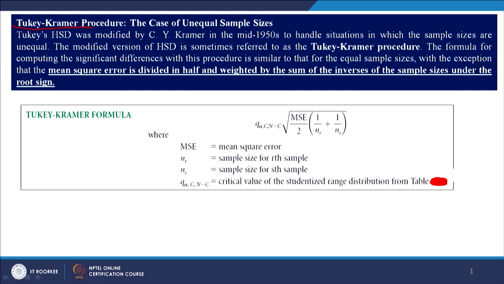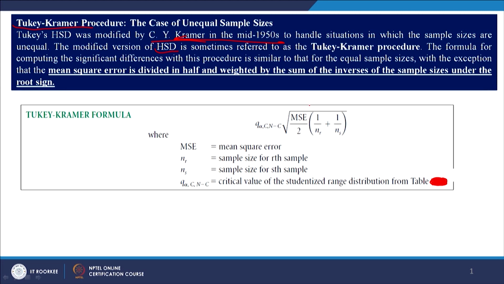Now, this test is applicable when we have unequal sample sizes. So, this is basically an extension of Tukey's test. The extension was done by C.Y. Kramer in the 50s. So, the formulas for these two tests are almost the same with minor differences.